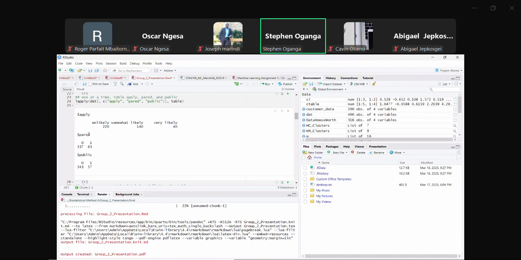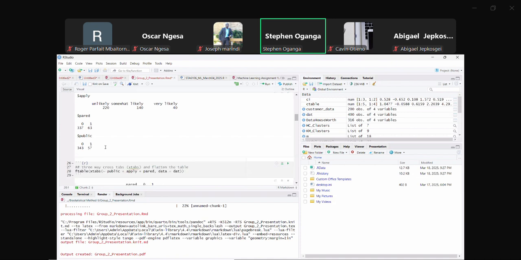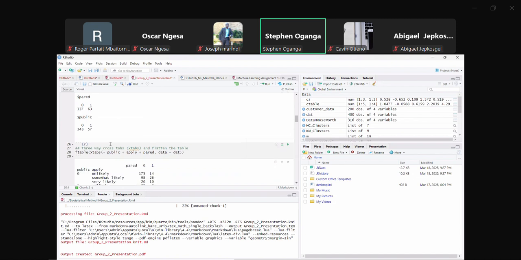From this data, we found out that 337 parents were not graduates, and only 63 of them were graduates. And then from the same data, we found out that 343 students went to a public school, and only 57 of them went to a private school.